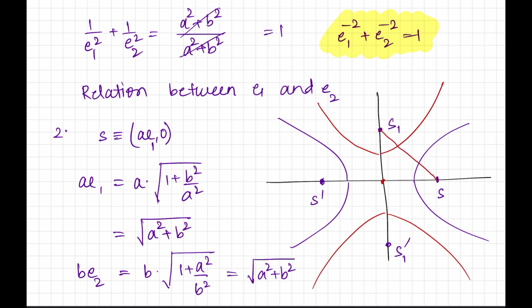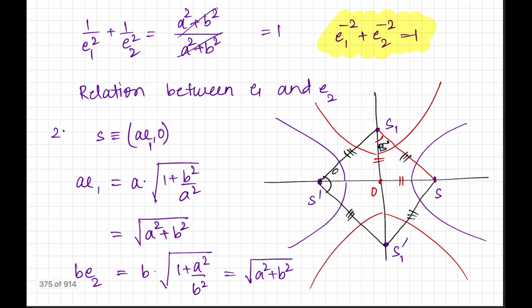Since OS and OS1 are equal, this will make an angle of 45 degrees. Similarly, if we also join the other pairs, they will all be the same distance, all equal, and the angle between these two sides will become 90 degrees.